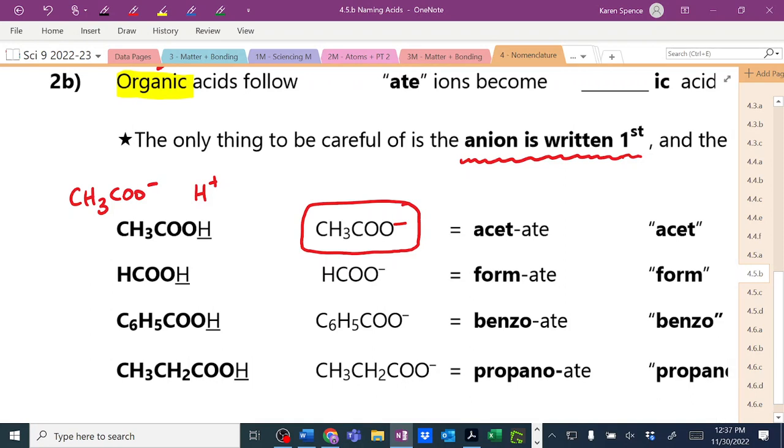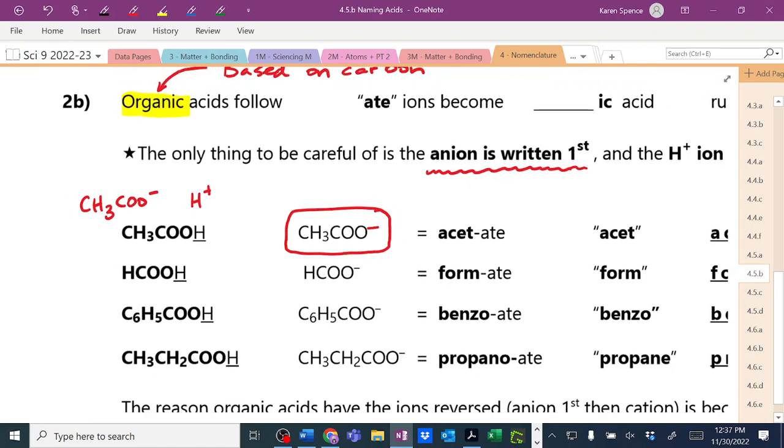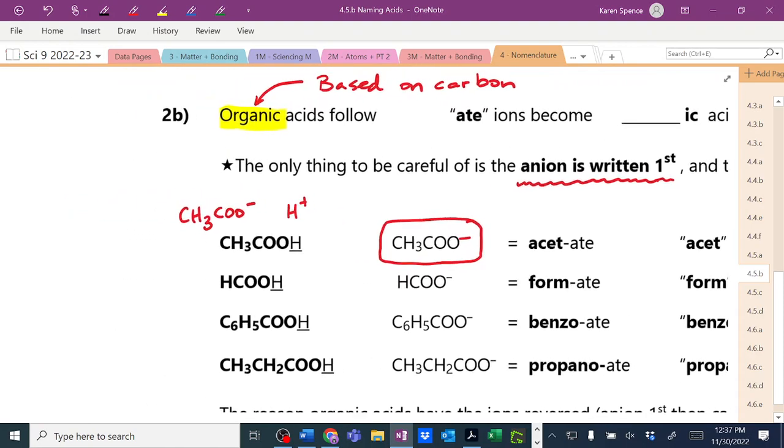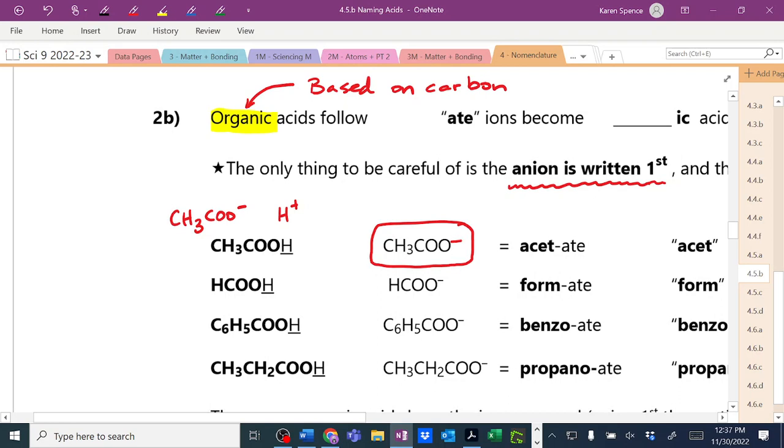Okay, so do you guys care about why it's like this, or do you not care? You'd like to know why? Okay, so it's because of the structure of these acids. Let's say we took acetic acid for starters, you have a carbon with 3 hydrogens attached.